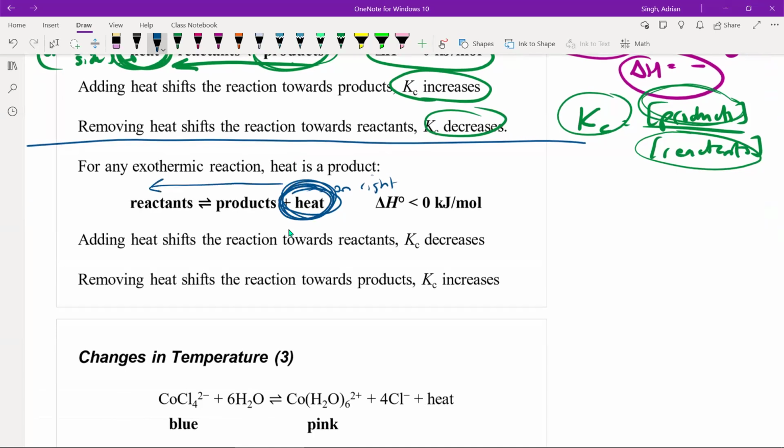So as a result, add heat to an exothermic process, we force the equilibrium to the left, we increase the amount of reactants, so the denominator increases, the products get used up, so as a result, the Kc value is going to decrease. And then on the opposite side, if we remove heat, if we cool this down, the system responds to produce more heat, which is going to shift to the right. And as a result, the Kc value is going to increase.